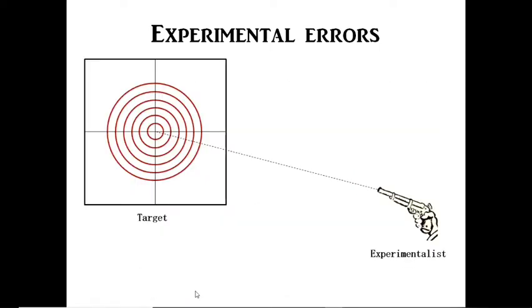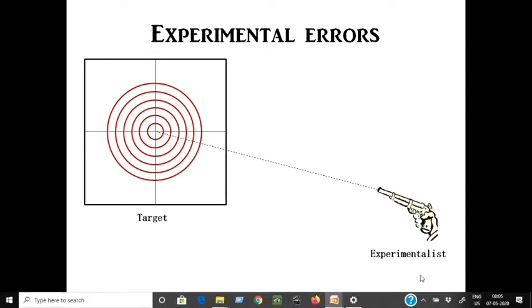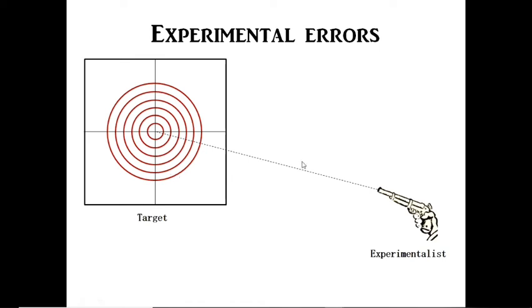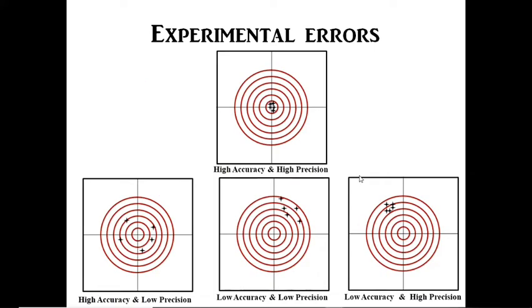Here I am giving an experiment; here is the experiment list, and here it is a target. In this figure, suppose four experimentalists are performing the experiment. Each repeated the experiment five times, and all the experimentalists have submitted their results in this form.